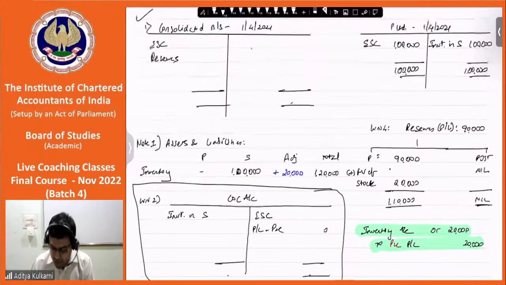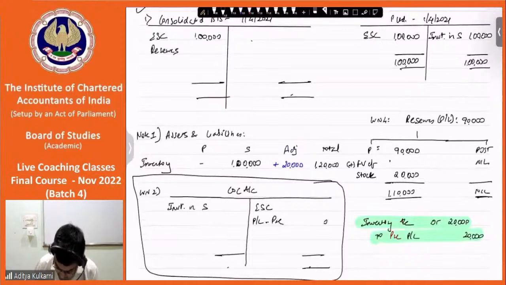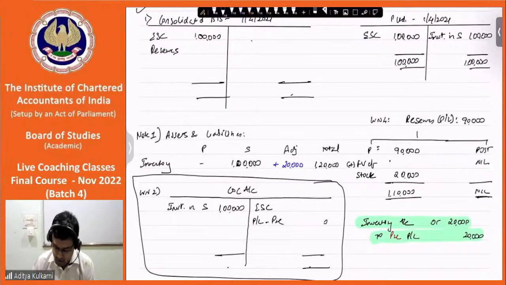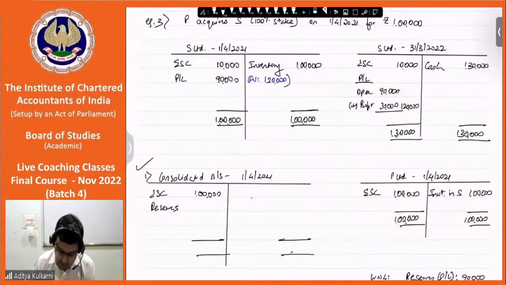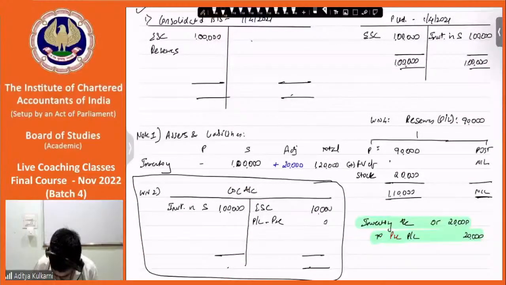And now when I prepare the consolidated balance sheet, parent will come at 1 lakh. Investment in S is worth 1 lakh in the cost of control account. The equity share capital of S Limited is worth 10,000. The pre-P&L is worth 1,10,000.